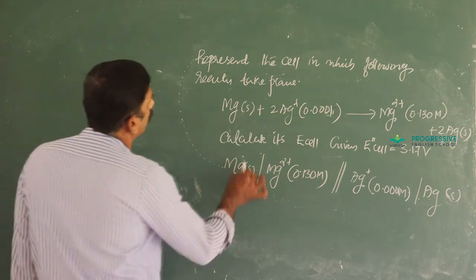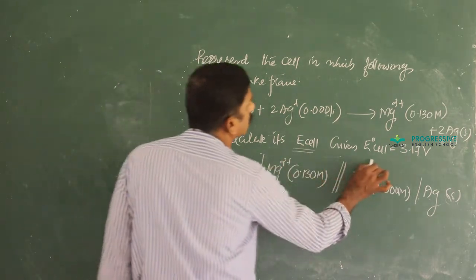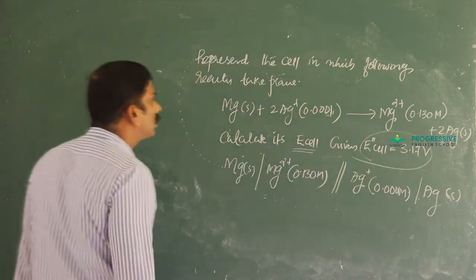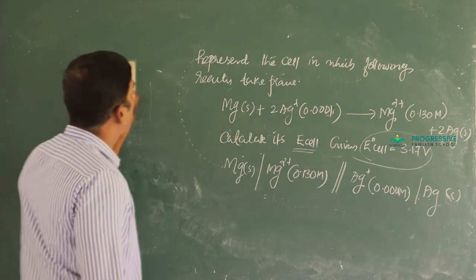And also you have to calculate the EMF of the cell. Here also given E0 cell equal to 3.17 volt.